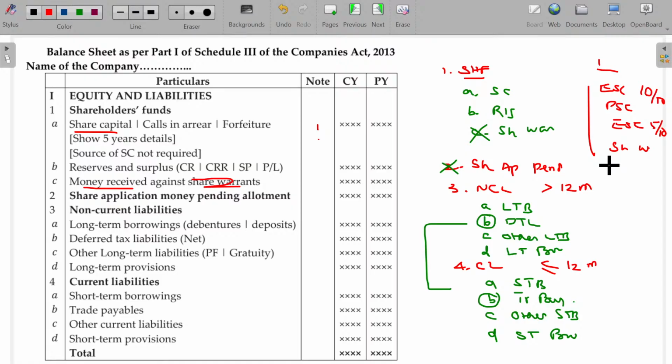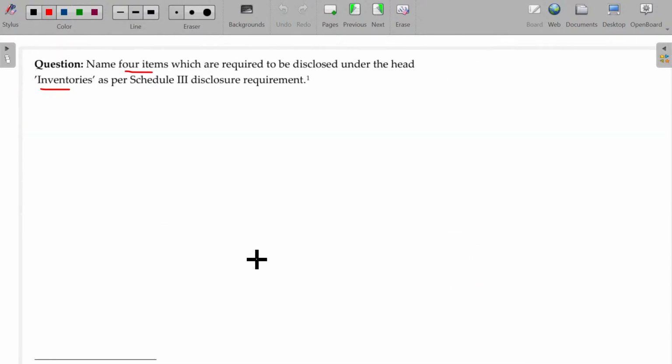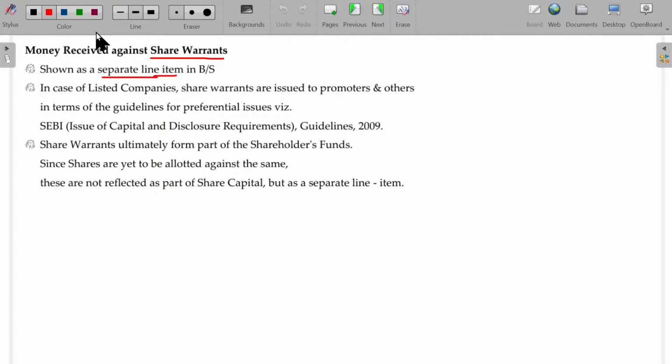That is called a line item. Here's a line. How many lines are there? These are the lines. Similarly here, money received against share warrants is shown as a separate line item in the balance sheet.